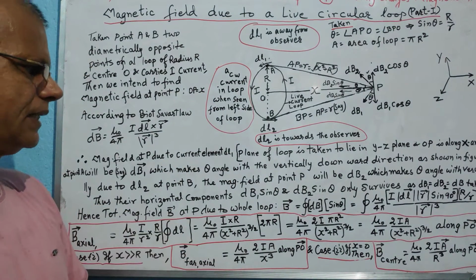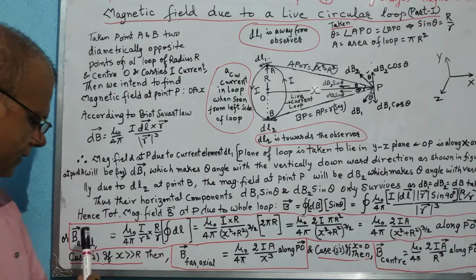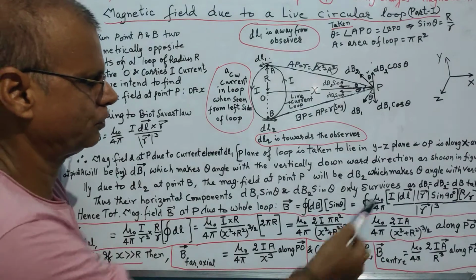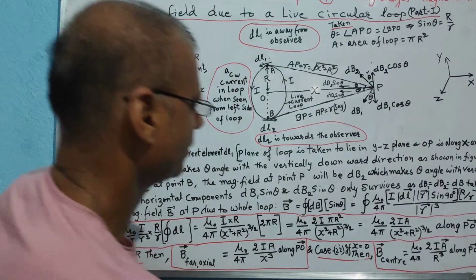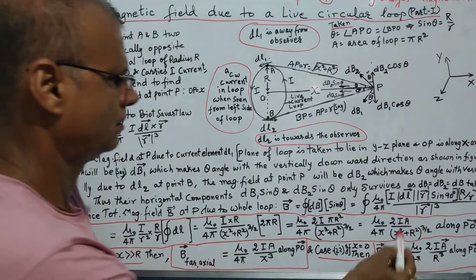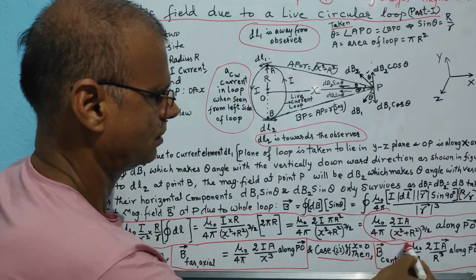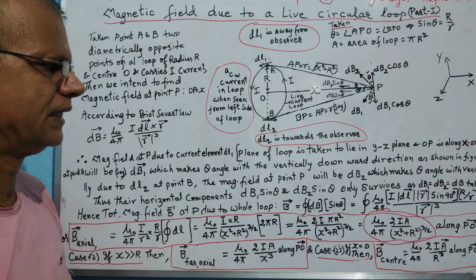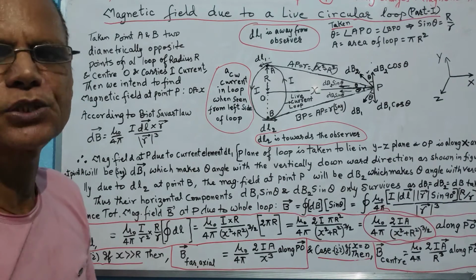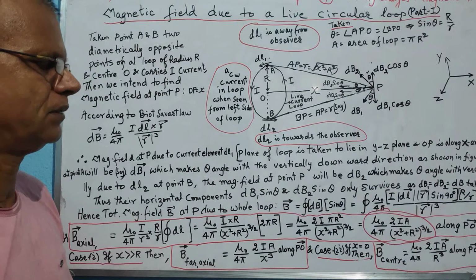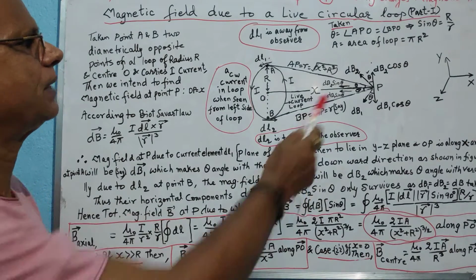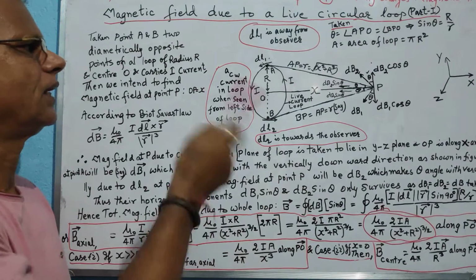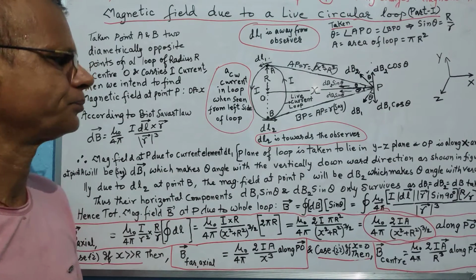And we have seen that the magnetic field at an axial point is finally coming out to be equal to mu 0 by 4 pi 2ia upon x square plus r square whole to the power 3 by 2, and the direction of magnetic field is towards the observer if the current in the loop is anti-clockwise for the observer.